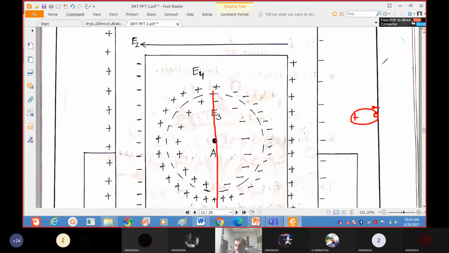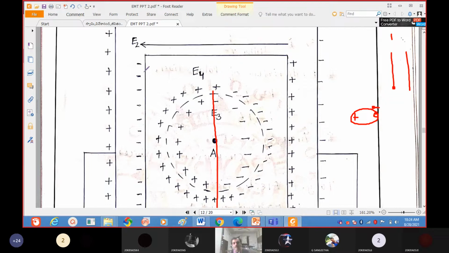Why are we writing P by epsilon naught? If you take a parallel plate capacitor, what is the electric field due to it? E is equal to Q by epsilon naught. Here Q is numerically equal to the polarization.